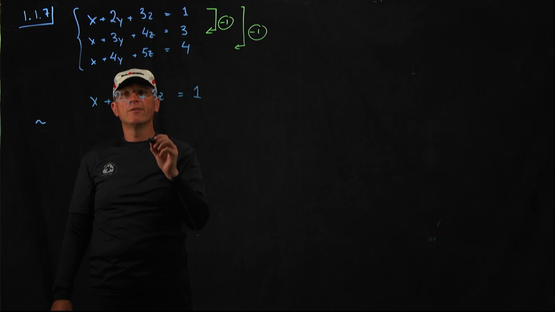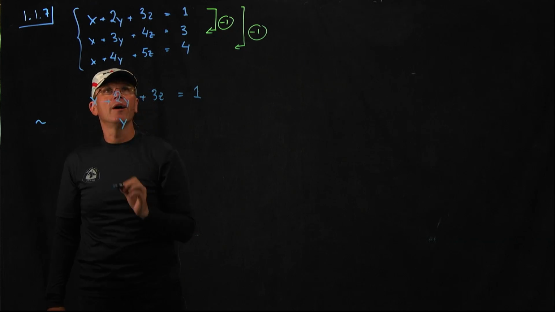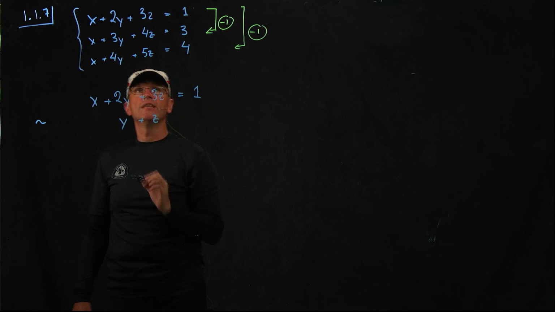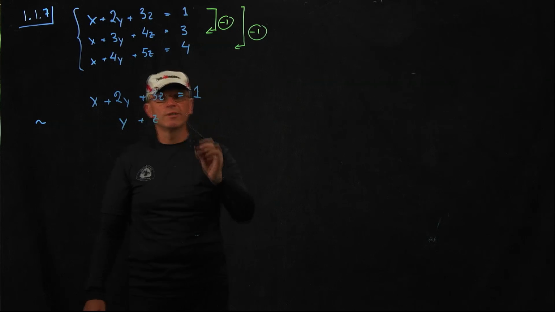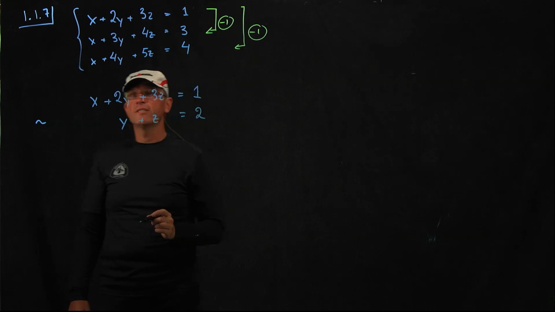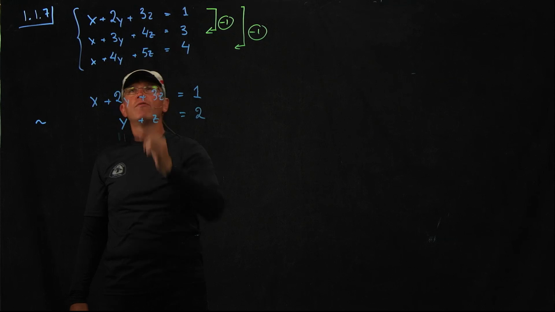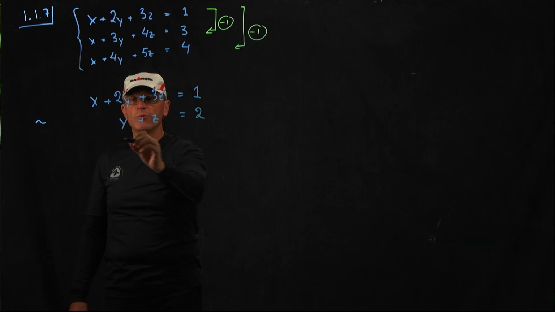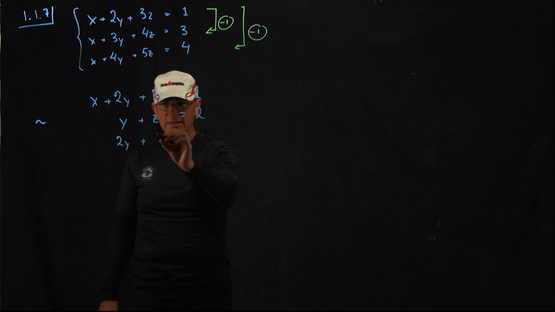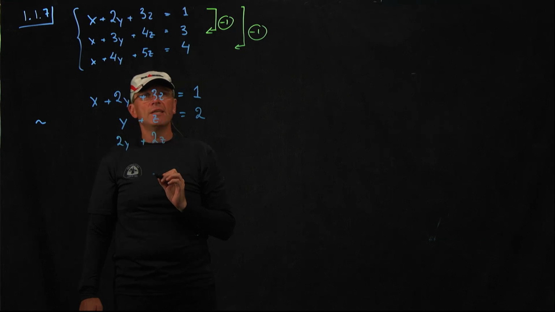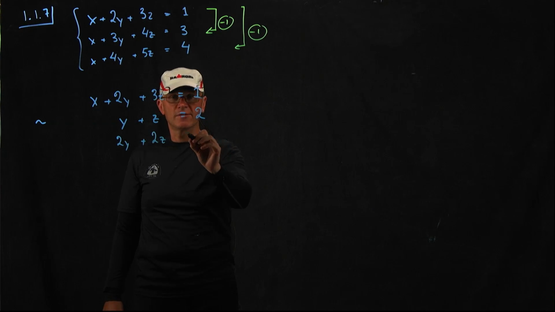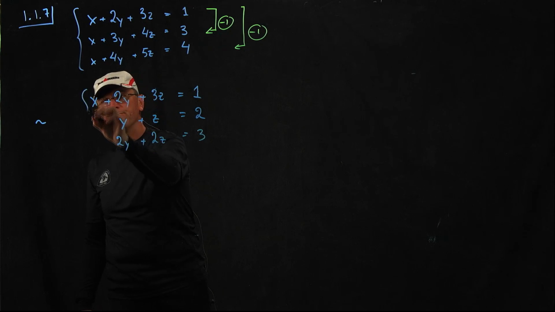Then 3 minus 2y leaves us a y. 4z minus 3z leaves us a z. And 3 minus 1 is 2. Third equation, the x's go away. We have 4y minus 2y, so we're left with 2y. 5z minus 3z leaves us with 2z. And 4 minus 1 leaves us with 3.